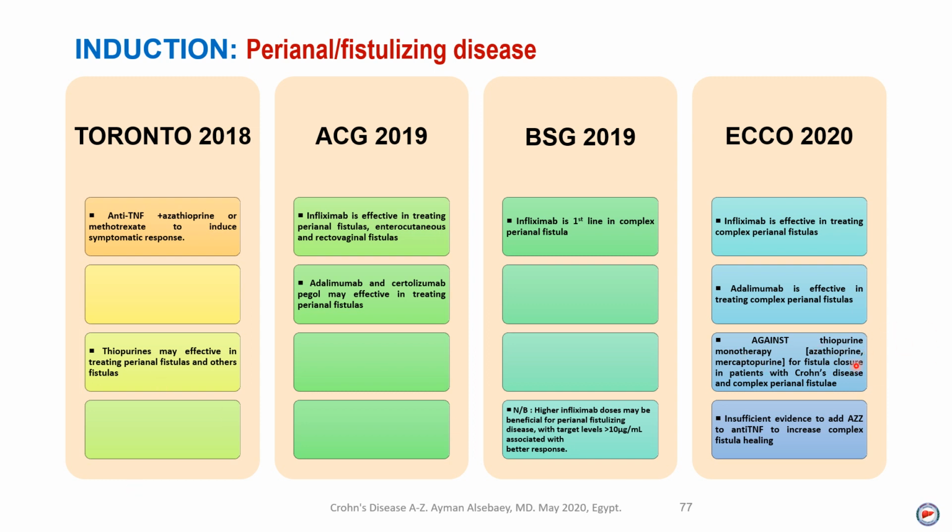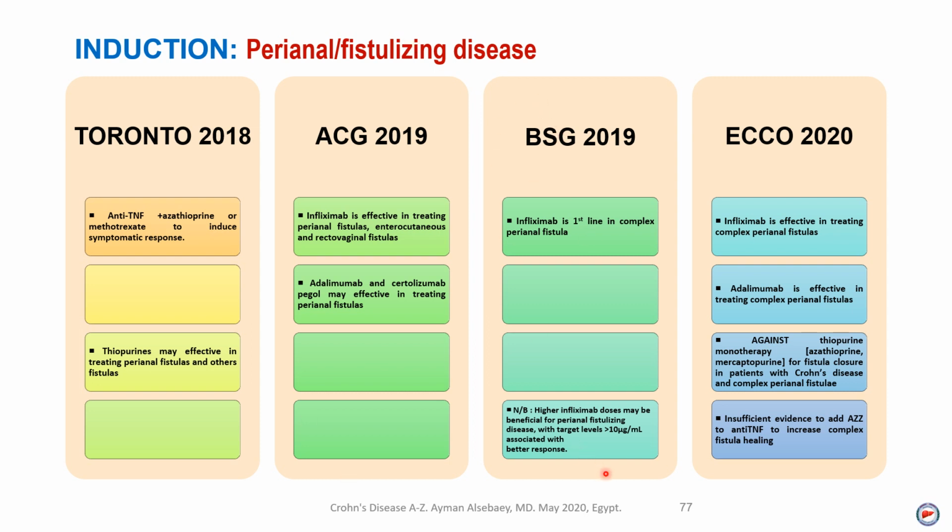It is against thiopurine monotherapy for fistula closure, the old therapy. Okay. ECCO did not say that there is sufficient evidence to add azathioprine for induction, only to decrease immunogenicity. But of course, you must combine them from the start.